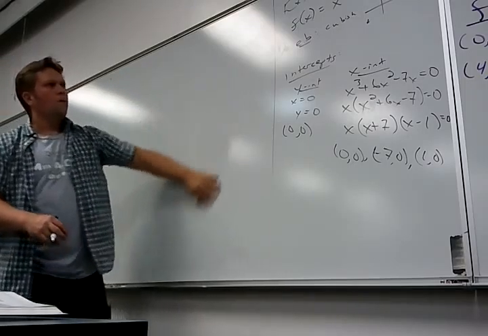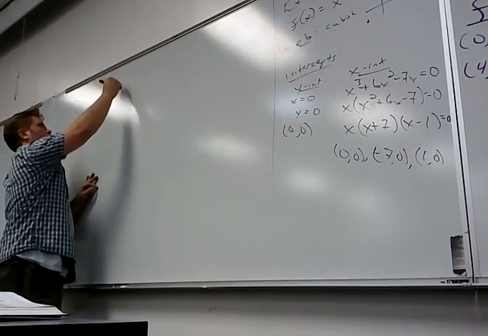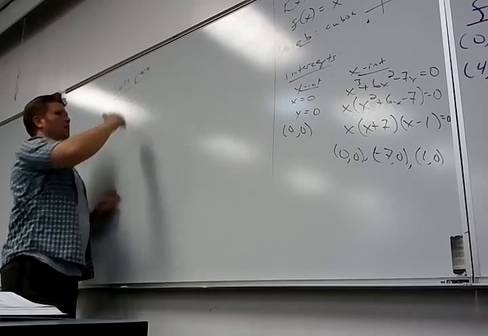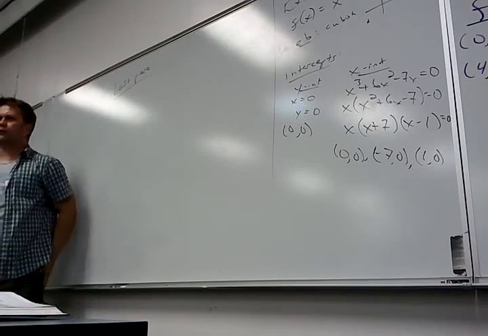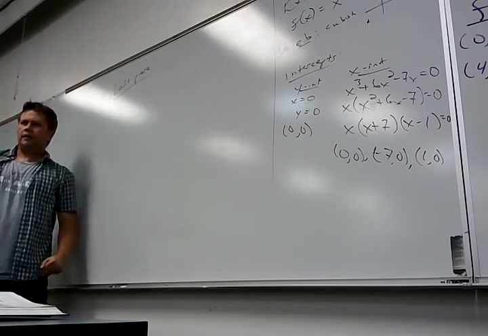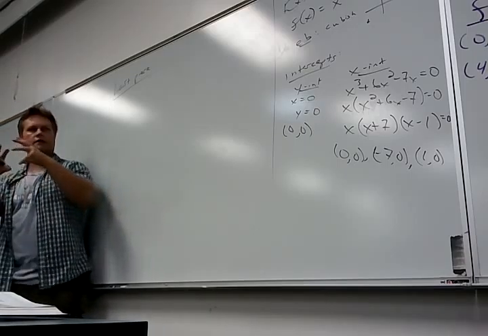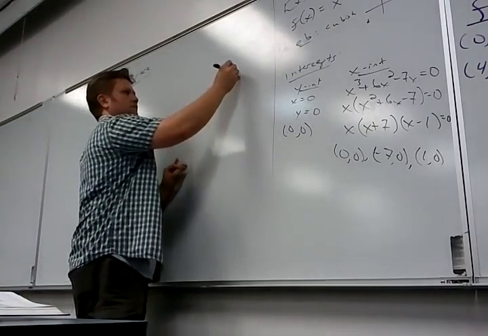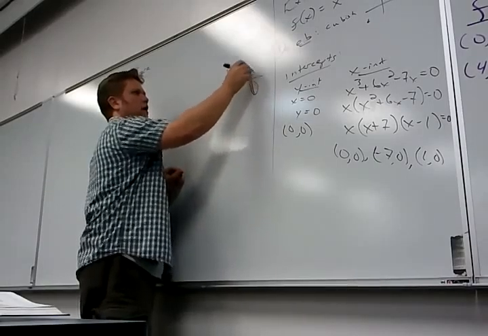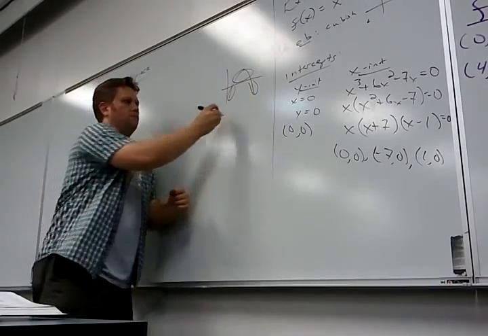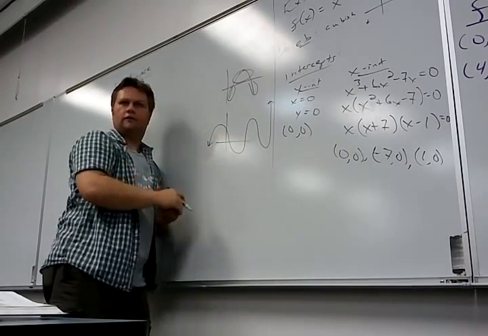So, one last little thing we can do for ourselves. We're still doing that example. I just have to explain this last piece, and it's something we've done before. The one thing we're missing is, for a parabola, if it's down, then I know it's negative out here and it's positive in the middle. But in general, I don't know where it's going to be positive and where it's going to be negative.